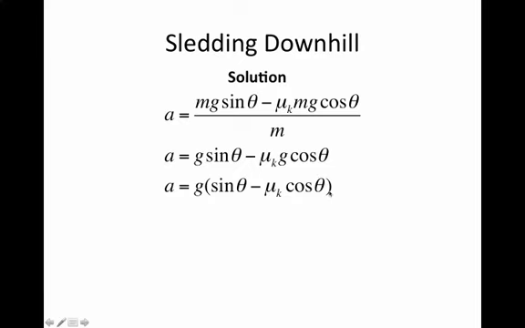The cosine of 0 degrees is 1. So I get that her acceleration would be equal to negative mu sub k times g, which would be her acceleration if she were moving along a flat surface and slowing down.